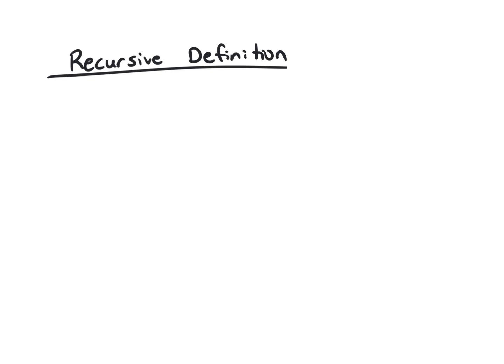So a recursive definition looks like this. It says a_n equals, and then we set up our piecewise function here. Go ahead and write this down underneath your definition. So yes, this is a definition, but it's kind of giving you a formula to go off of. So a_n equals, when we have a1, what is our n value?